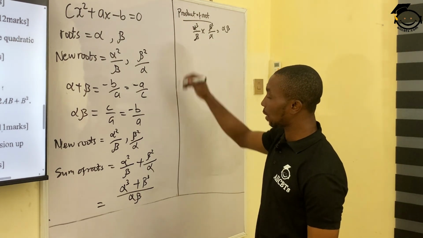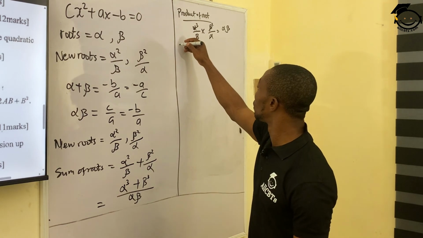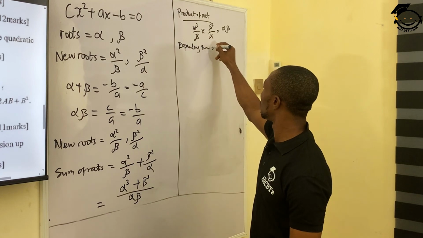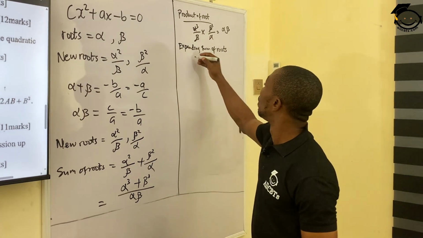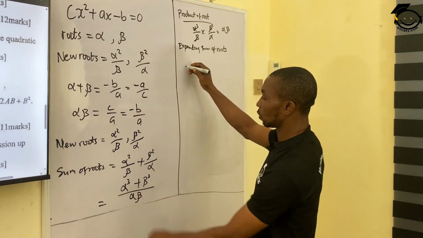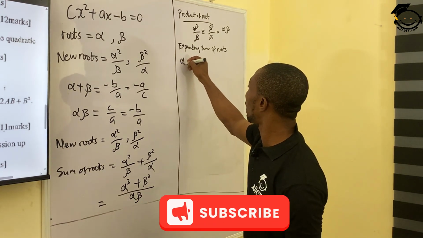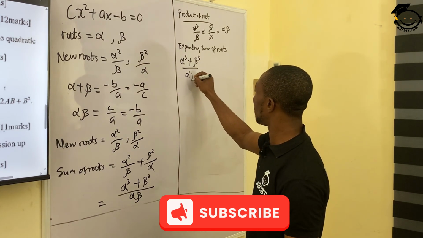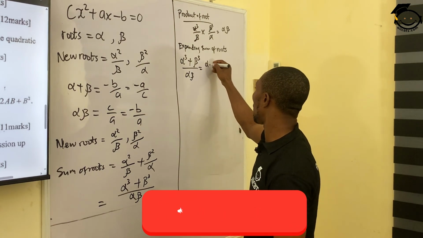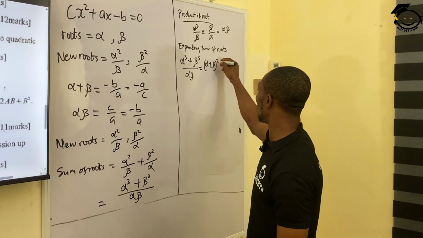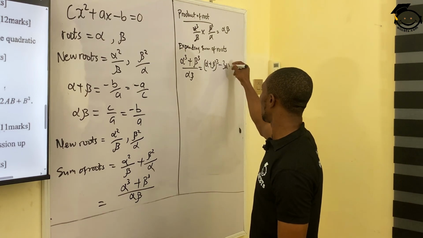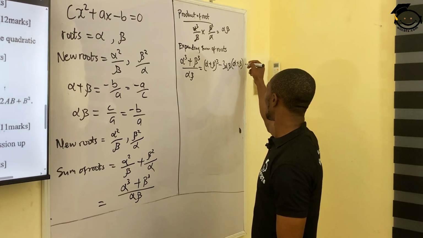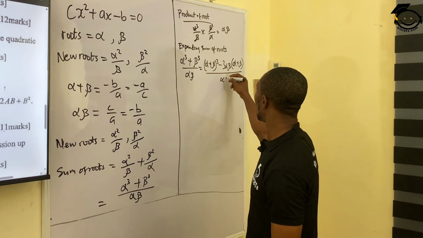Now, if we expand our sum of roots, this becomes alpha cube plus beta cube all over alpha beta, which is going to give us alpha plus beta all cube minus 3 alpha beta, bracket alpha plus beta, all over alpha beta.